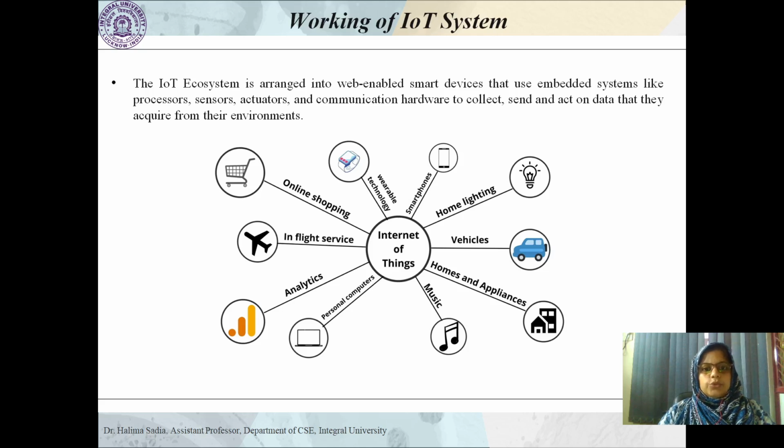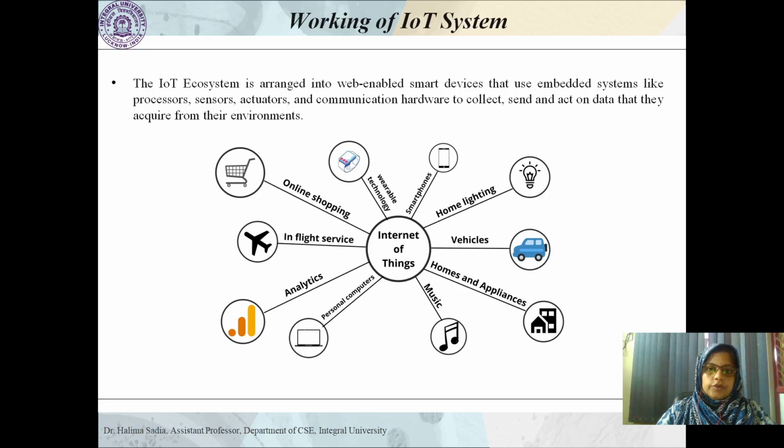The IoT ecosystem can be thought of as a collection of web-enabled smart devices that use embedded software systems, processors, sensors, actuators and communication hardware. Now, all this is used to collect and sense the data. After collecting, this data is sent to the cloud and the processing is done, based on which action plan is made.